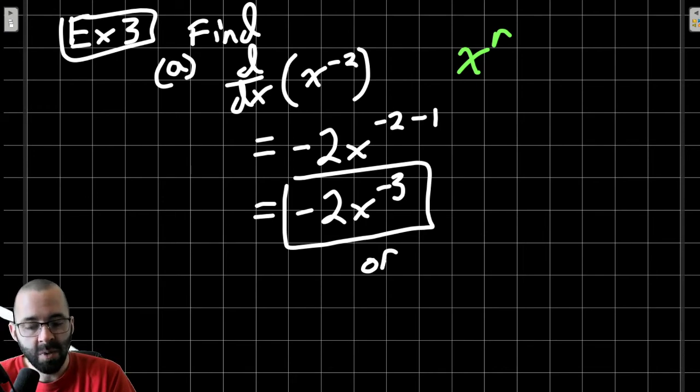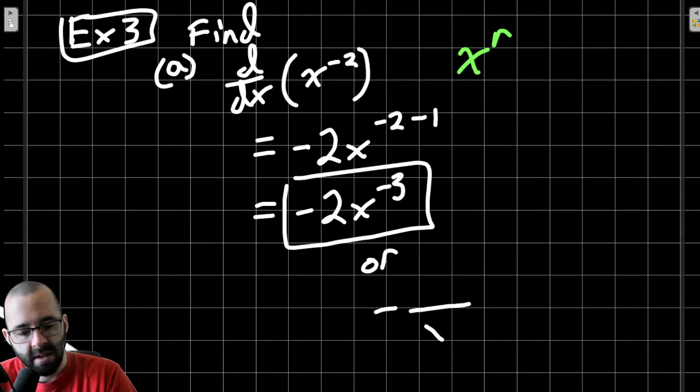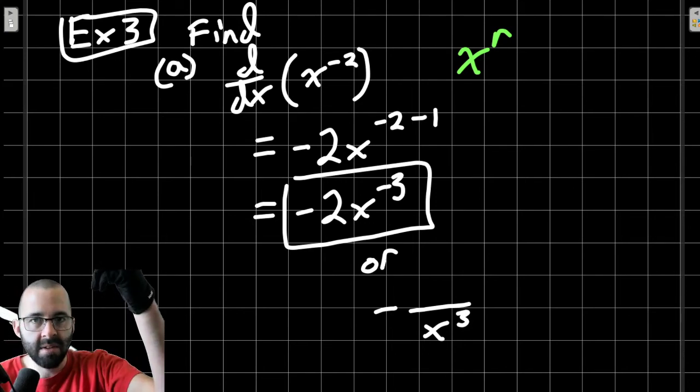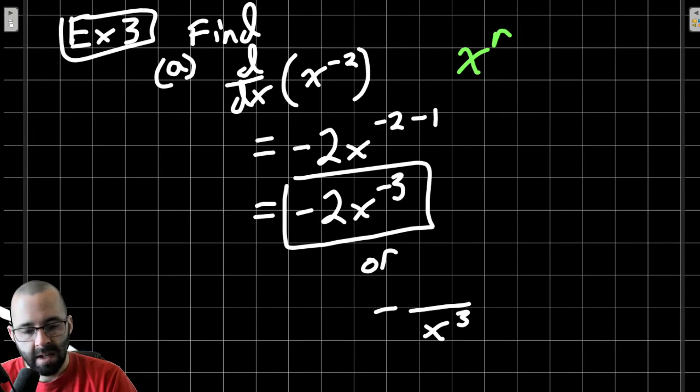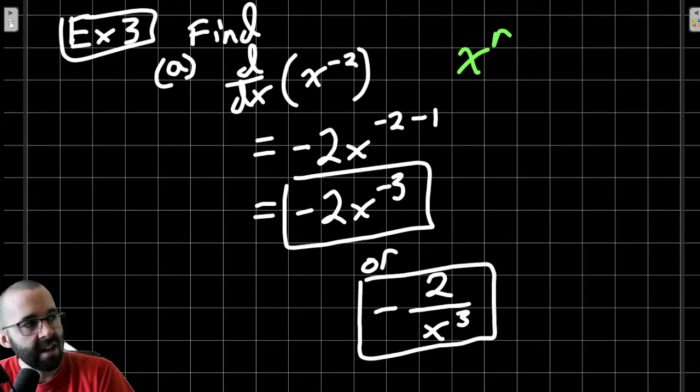And again, this exponent only is attached to the x. So the negative stays out in front. We get an x cubed in the bottom, because that's what negative exponent means, reciprocal, bottom to top, top to bottom. And the 2 stays on the top because the 2 doesn't have an exponent. So this is another equivalent answer, and they're both good at different times.